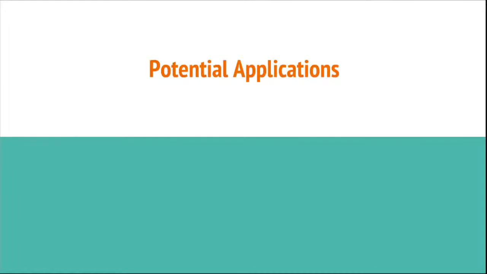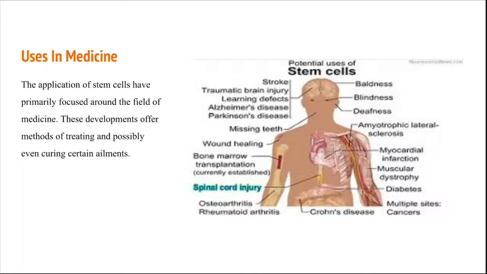There are many potential applications for stem cells. The primary applications, at least as seen through the modern biotech community, appear to be focused around medicine, because they have many potential uses in this field and could possibly change it in incredibly significant ways.